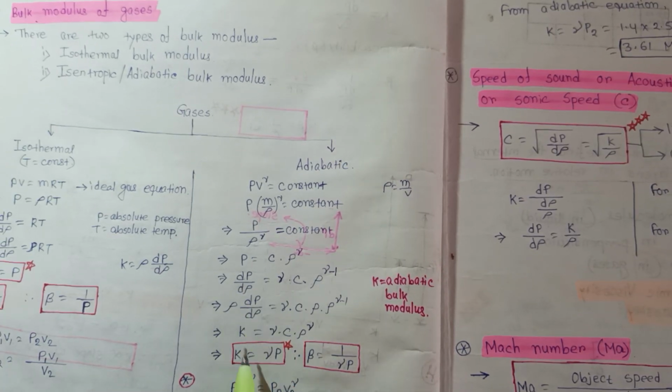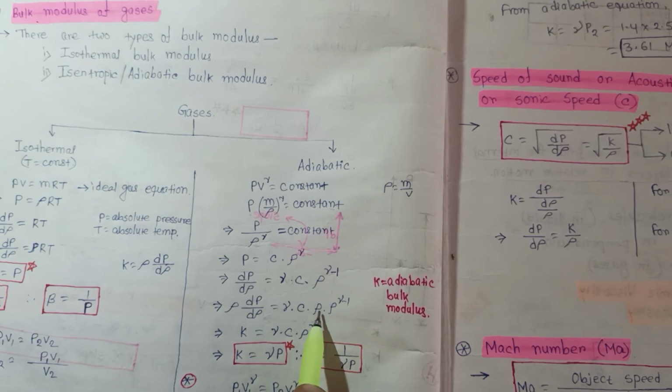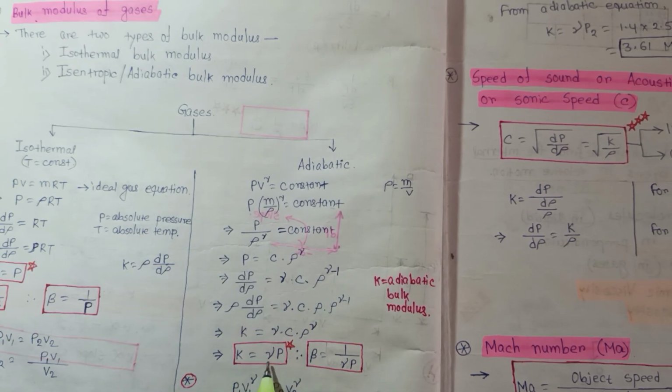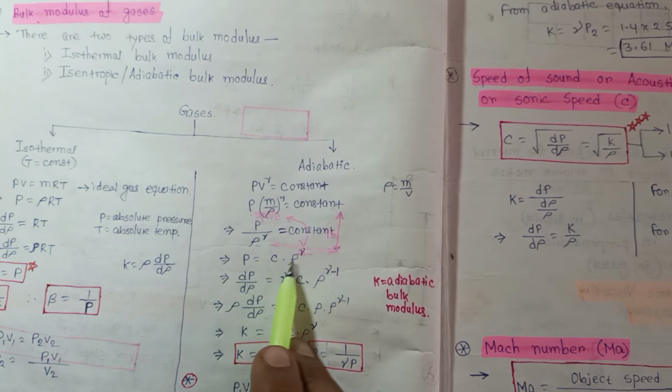So rho dP by d rho is K, which equals gamma C rho into rho to the power gamma minus 1. The 1 cancels out, leaving rho to the power gamma. So K equals gamma into P, since P equals C rho to the power gamma.